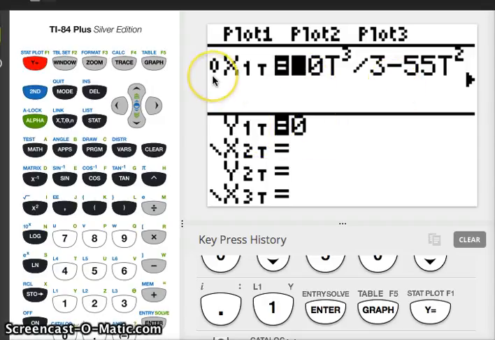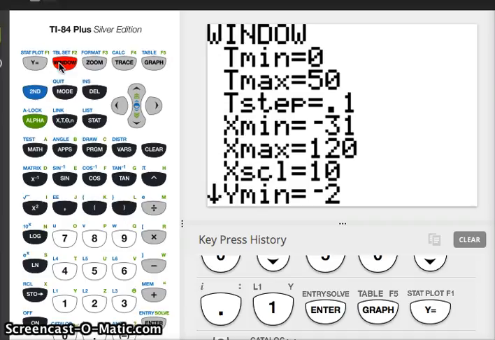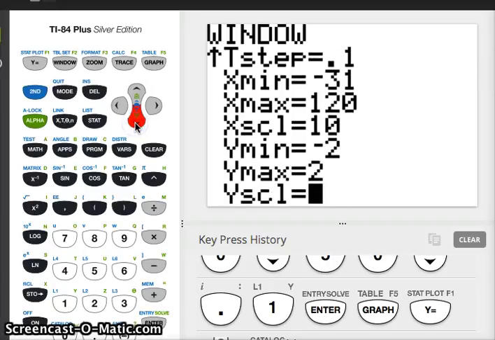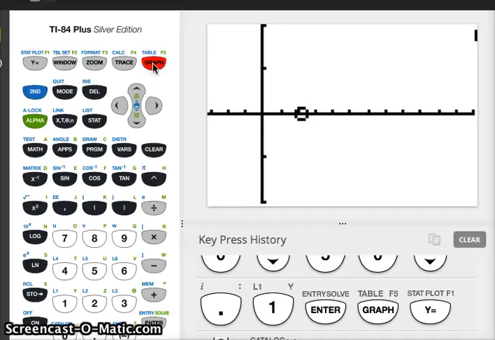I changed my graphic to paintball without paint, and I set my window to these values: T min, T max, step, X min, X max, X scale, Y min -2, Y max 2, Y scale 1. And then what's going to happen is when I hit graph, it's going to graph what is happening with my little ball.